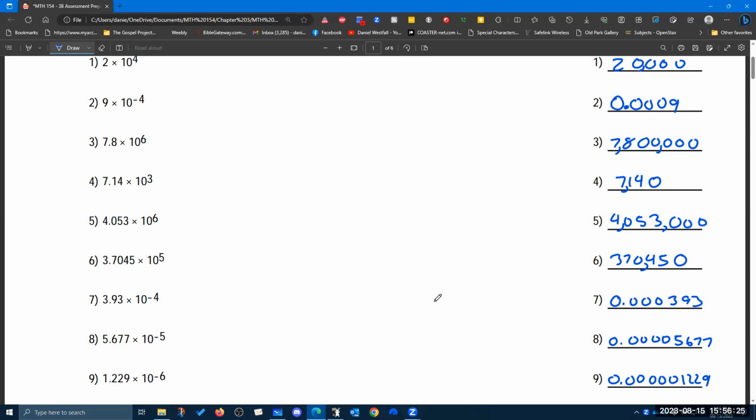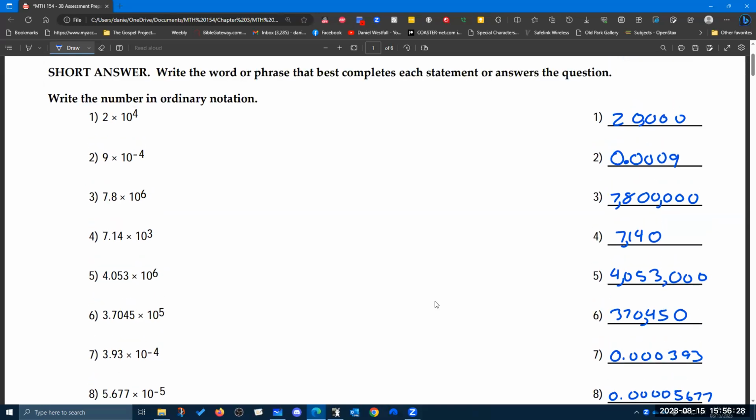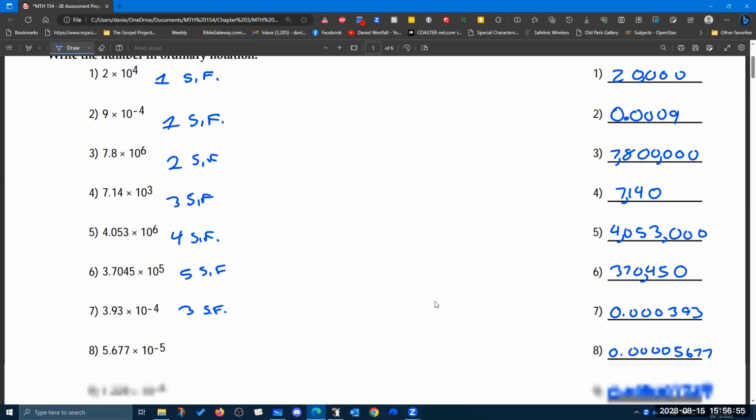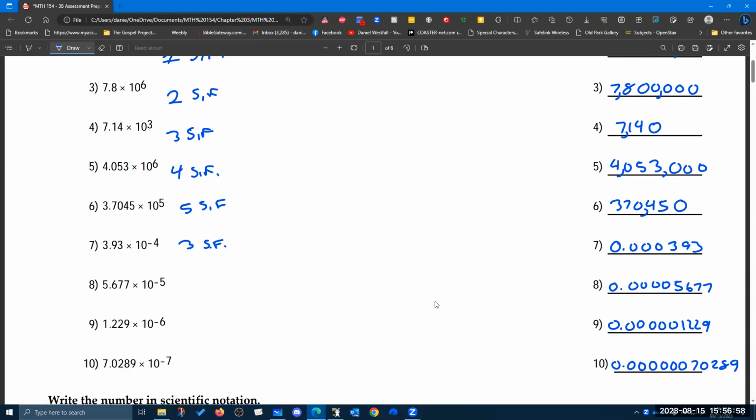So I'm just going to go through this, even though we haven't talked about it yet, and you can read about this in your textbook, that this has 1 significant figure, this one has 1 significant figure, this one has 2 significant figures, 3 significant figures, this one has 4 significant figures, 5 significant figures, this one has 3 significant figures, this one has 4 significant figures, 4 significant figures, and 5 significant figures.